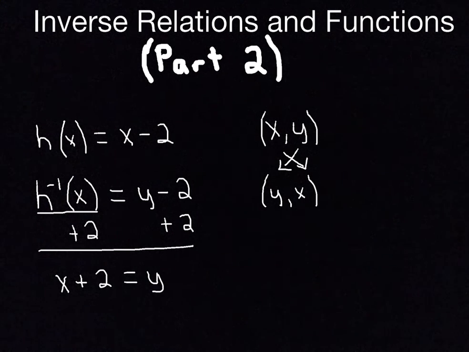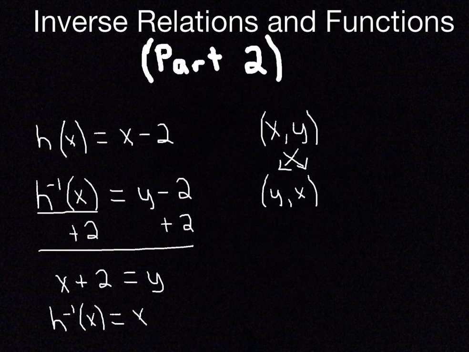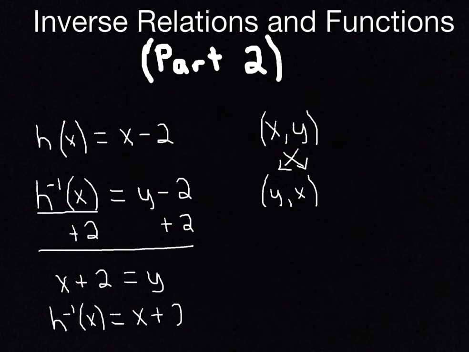Okay, so we got x plus 2 equals y. Now we simply replace the y with this inverse. So the inverse of h of x is going to be equal to x plus 2.